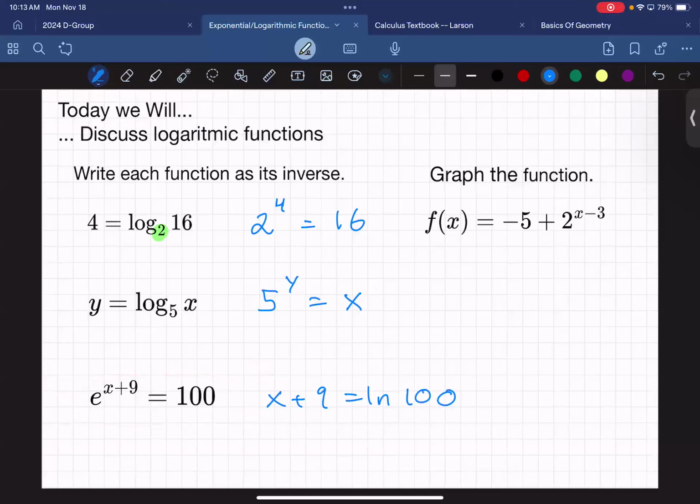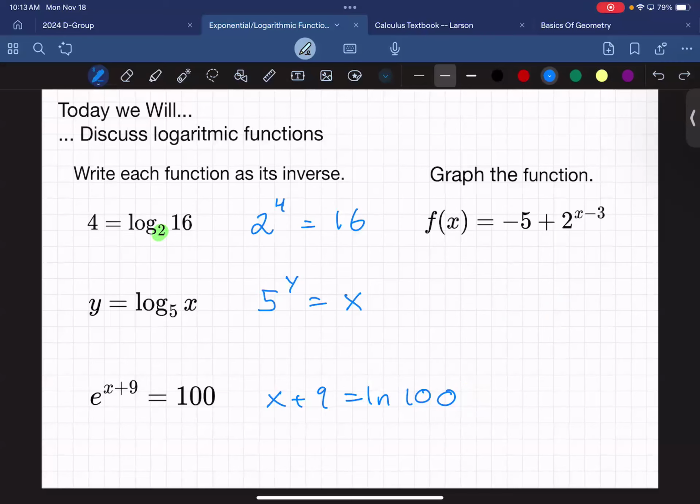It's good to understand that whatever immediately follows is going to be the argument. On your calculators, you'll definitely need parentheses, but when writing by hand, if there's only one thing behind the ln, that's the assumed argument right behind it. So if I gave us the ln of x squared, then x squared is the argument of that natural log. So keep that in mind.